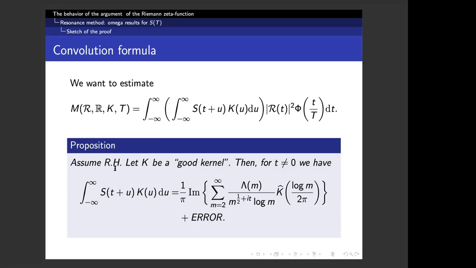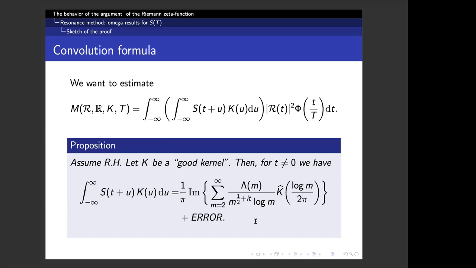So, assume the Riemann hypothesis. If you have a good kernel, this integral of this function is exactly this: 1 over π times the imaginary part of this series here that depends on the Fourier transform of your good kernel, plus an error term. So the idea is to replace this integral here with this series.